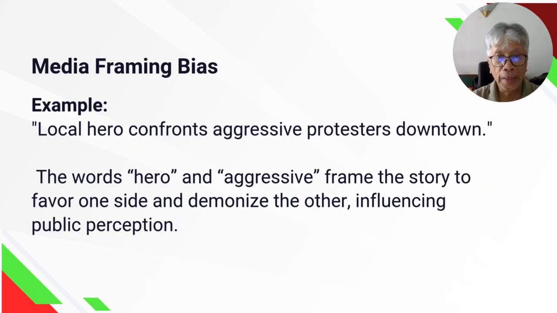Now we come to media framing bias, for example: "Local hero confronts aggressive protesters downtown." The words hero and aggressive frame the story to favor one side and demonize the other, influencing public perception and public opinion. That's an example of media framing.